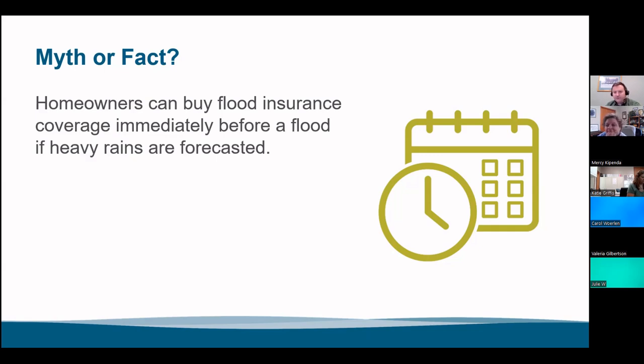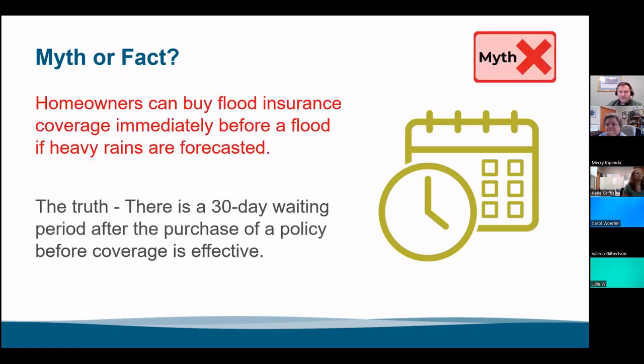Seeing some myths, some facts. Yeah, so we're right on track with this one. This is a myth. There is a 30-day waiting period after the purchase of a policy before that coverage is made effective. And that's to stop people, when a hurricane is forecasted on the coast, from everybody purchasing flood insurance just to cancel it immediately after, right? That's how they avoid it.